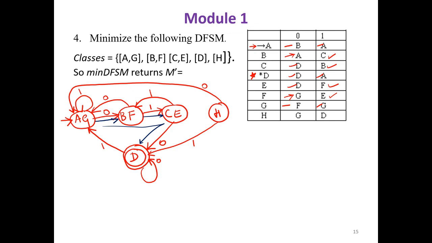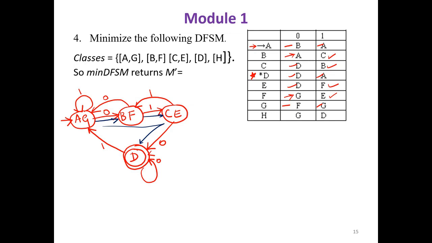Since it is not reachable, there is no need of having state H. Either you can eliminate H at the start or at the end. On eliminating H, this is the final minimized DFSM obtained.